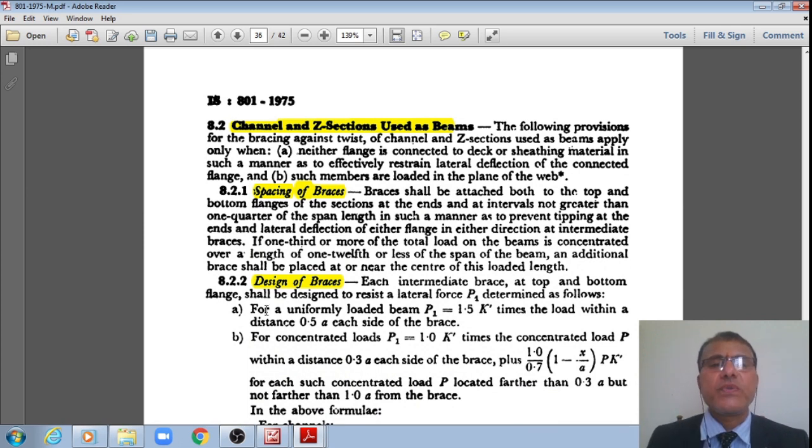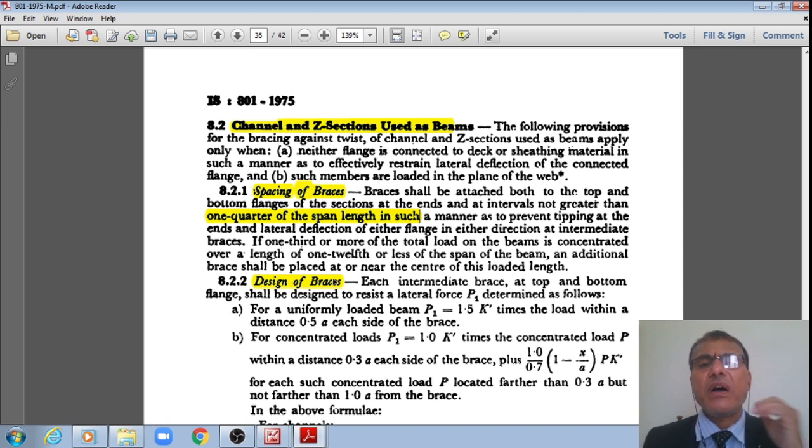Then first one is the spacing of beams, right. The braces shall be attached both to the top and bottom flanges of the section at ends or intervals not greater than one quarter of the span length in such a manner as to prevent tipping at the ends and lateral deflection of either flange in either direction at intermediate braces, right.